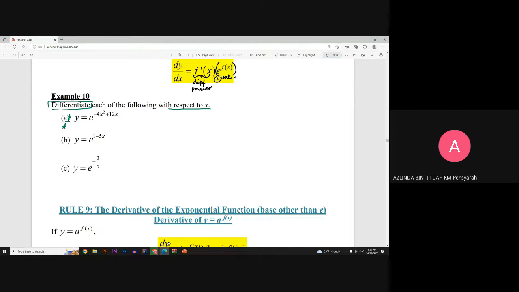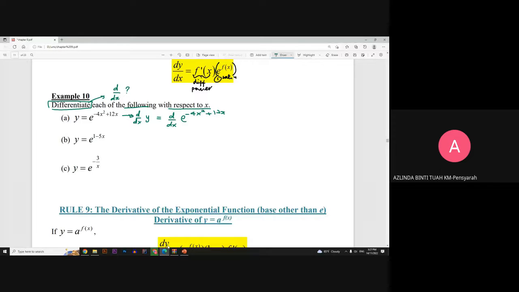I'm going to rewrite dekat tepi. Apa maksud soalan adalah differentiate respect to x means d per dx of the following function. So apakah function dia? Jadi sebenarnya soalan dia begini. d per dx of y and d per dx of e to the power of negative 4x squared plus 12x.